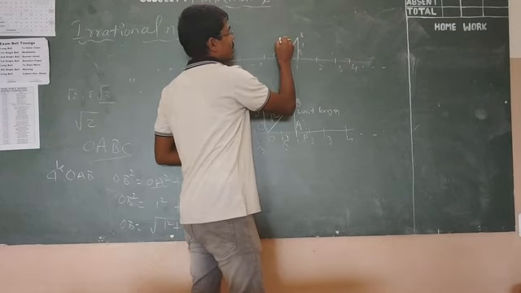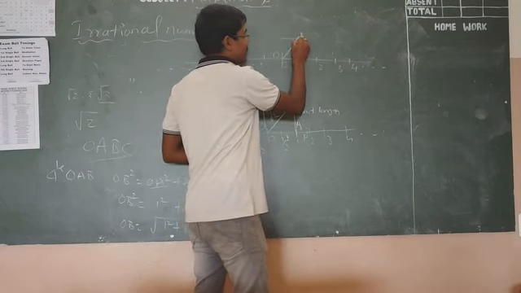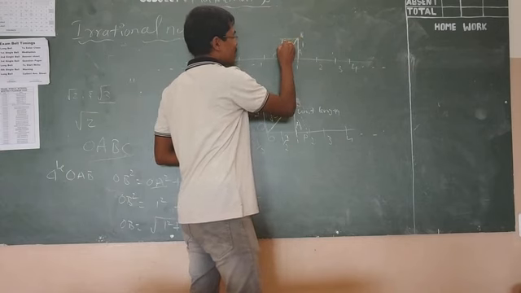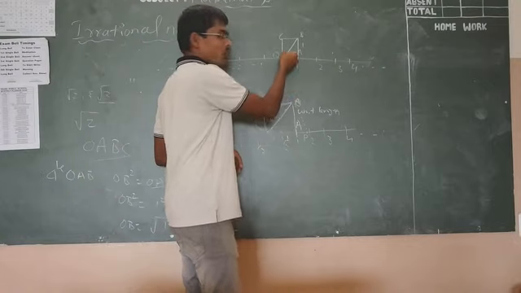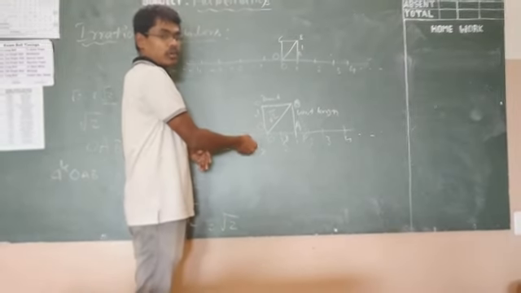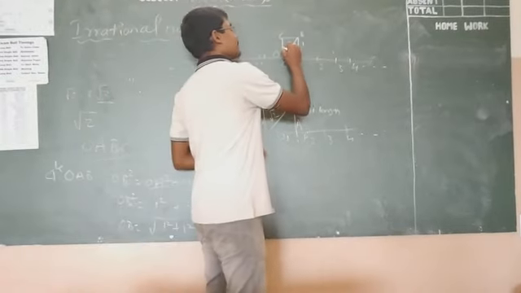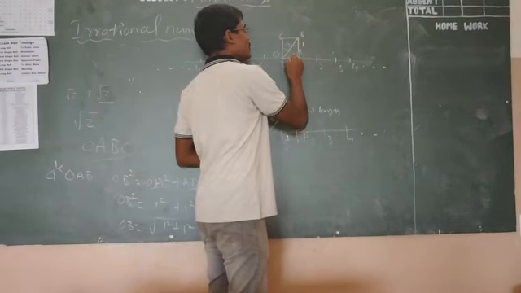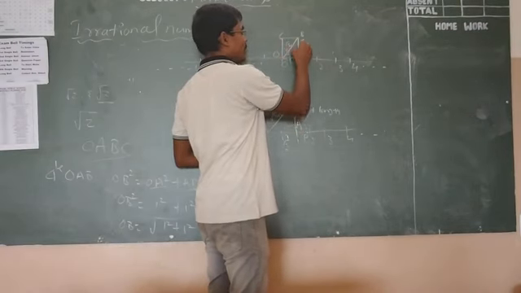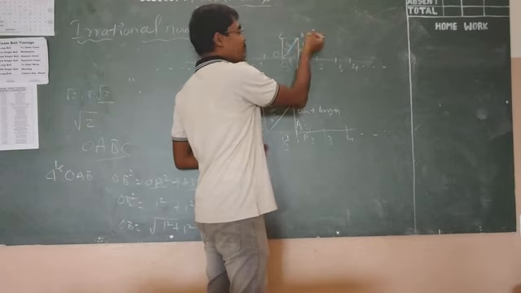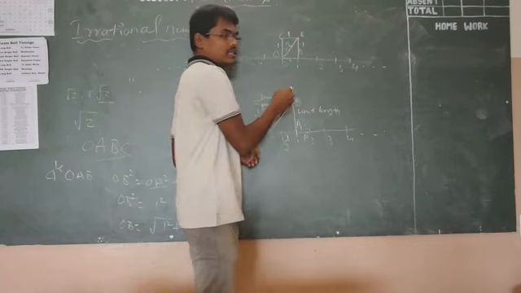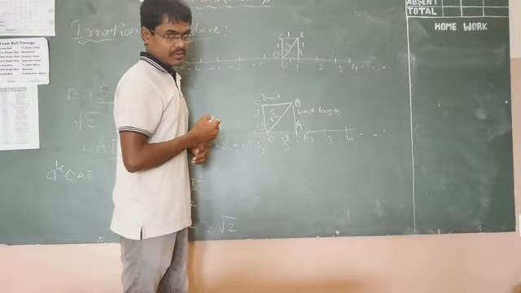Then by drawing a parallel line and joining this point, this becomes C. This is exactly what you have done for root 2. Then again this becomes root 2, because OA, AB, OC and BC, all sides are of unit length.